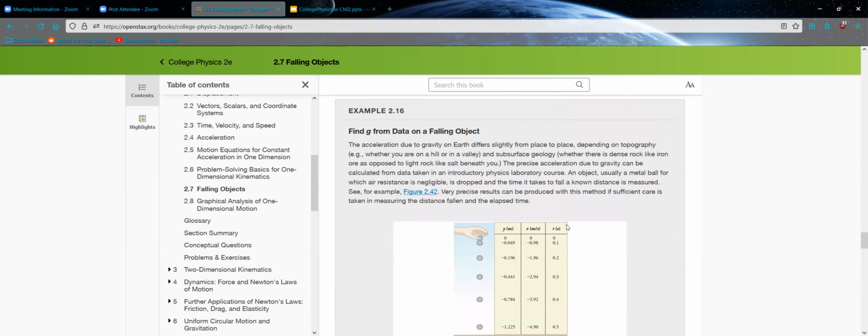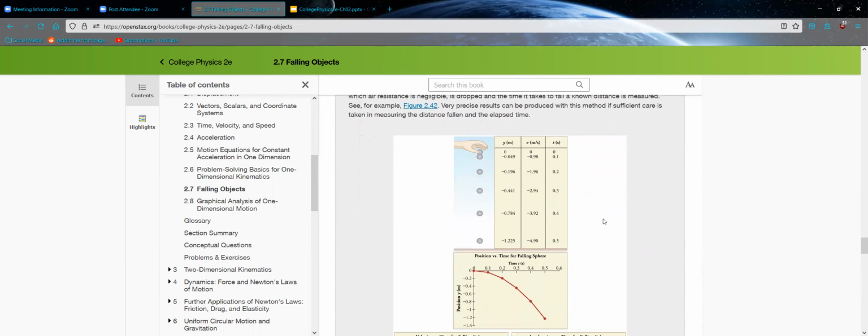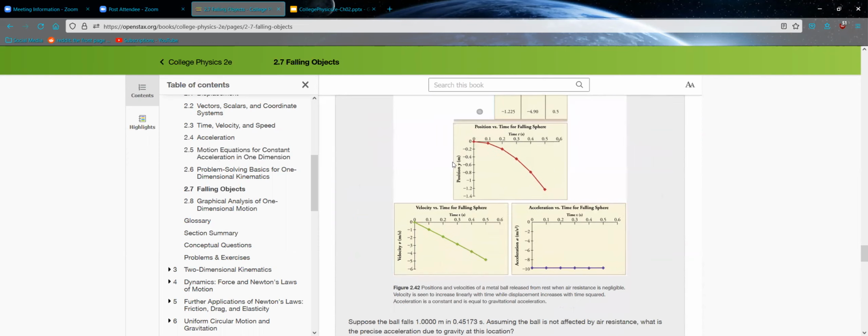So, finding g from data of a falling object. You can measure movement of something and you can measure time, therefore you can calculate velocity, but can you get gravity from everything that we measure? If we drop a ball and measure the displacement and the time it takes to measure that displacement, we can calculate velocity and we can graph all of these things out.